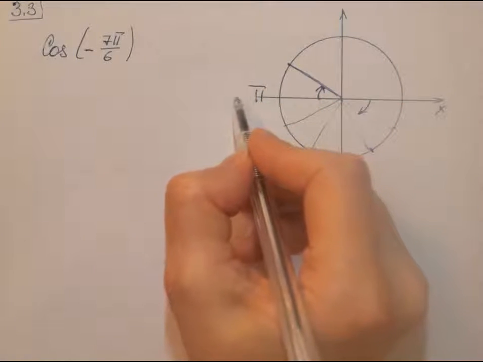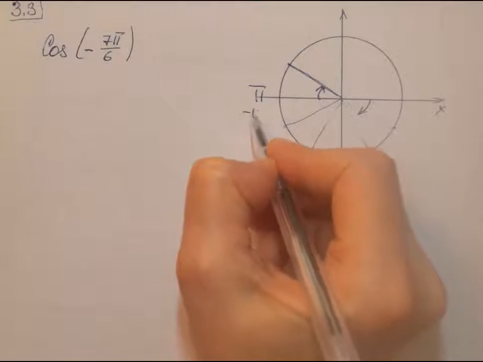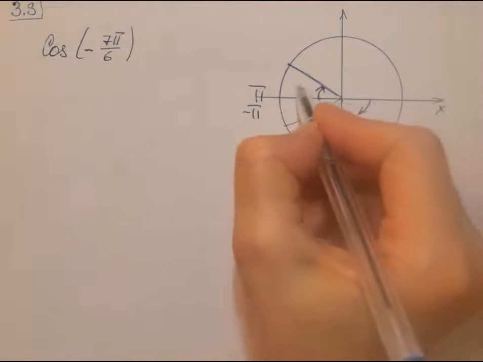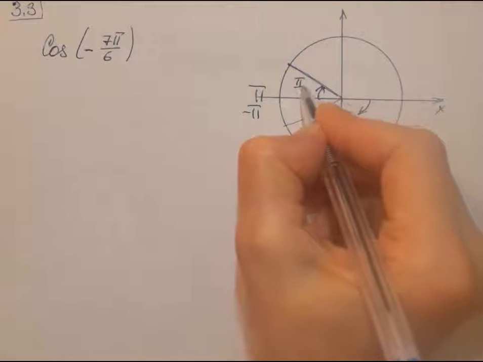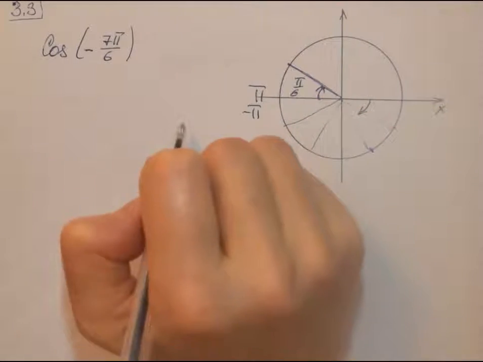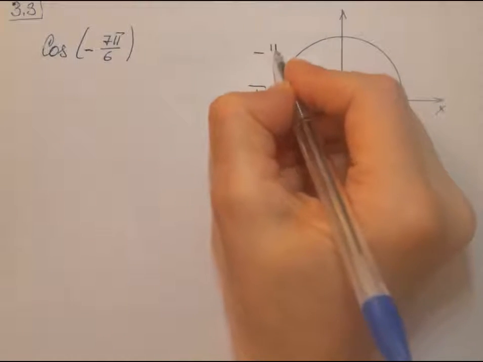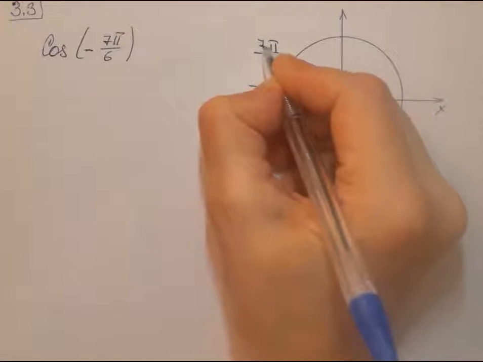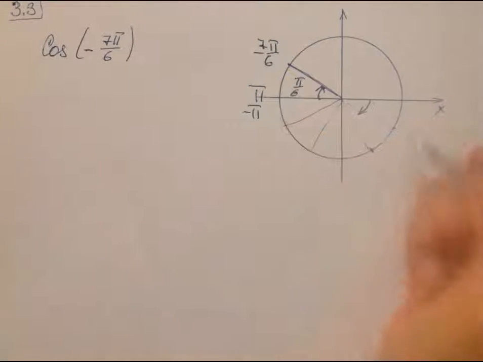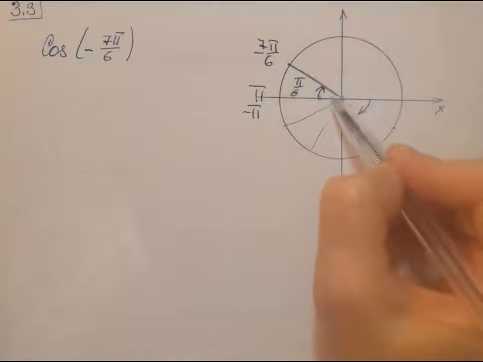This angle is the same as negative pi over 6 from this angle, which will be negative 7 pi over 6. So this is our angle.